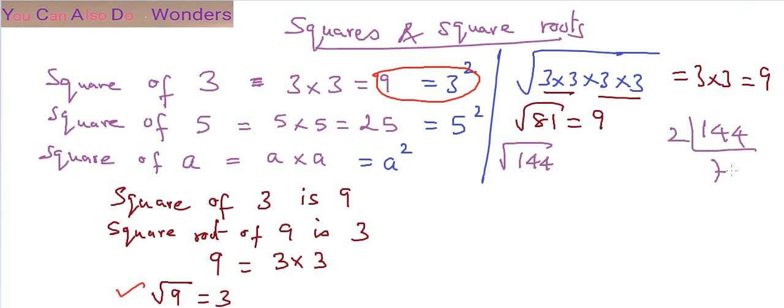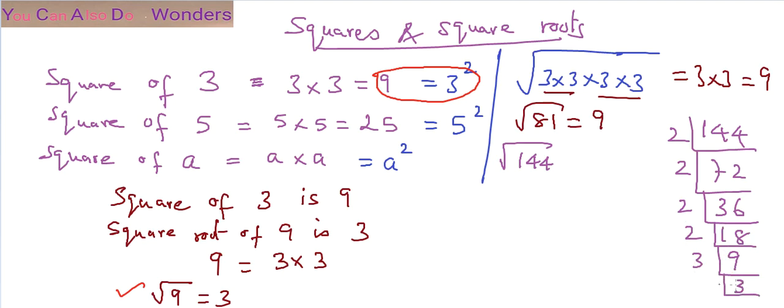So 144 divided by 2 is 72. Further it is divisible by 2 again. So we get 36. Again divisible by 2, we get 18. Divisible by 2, 9. So divisible by 3, 3 also is a prime number. So 3 times. Then again divisible by 3, we get 1.